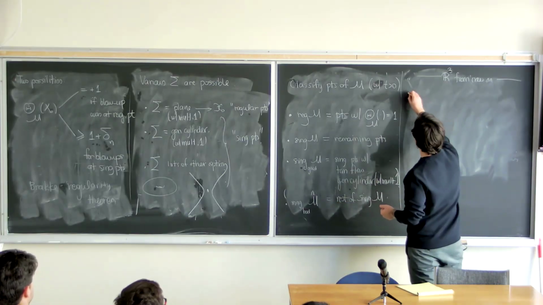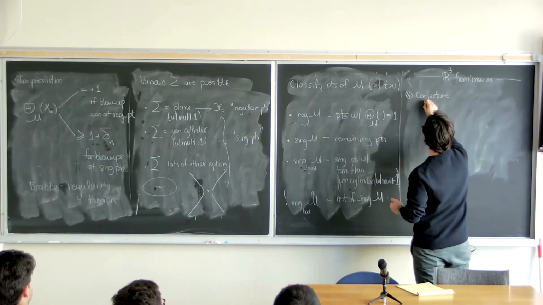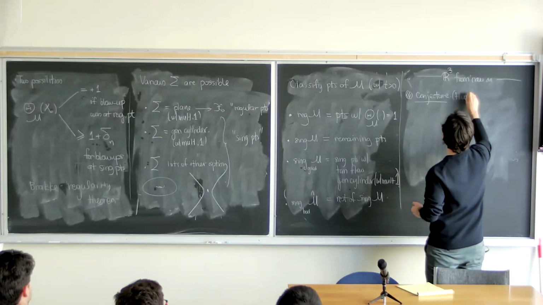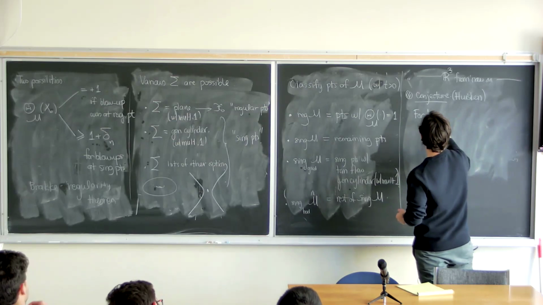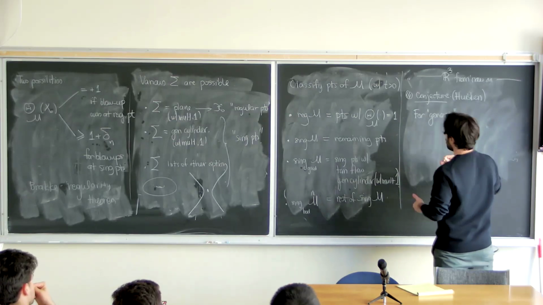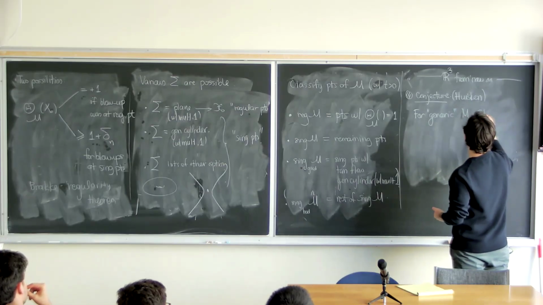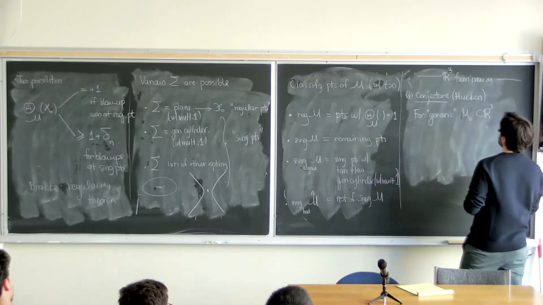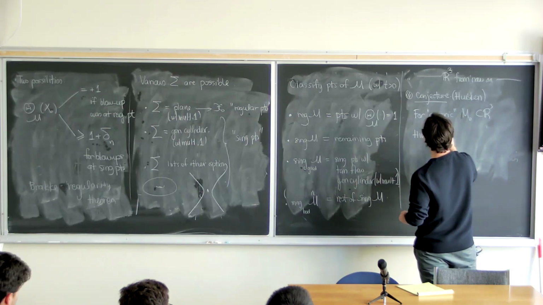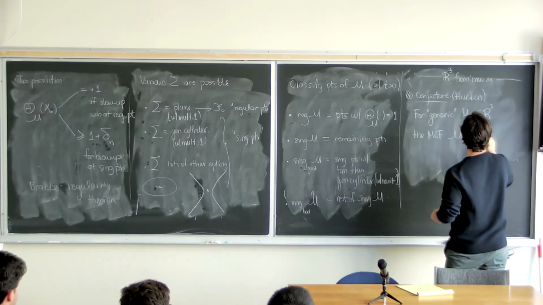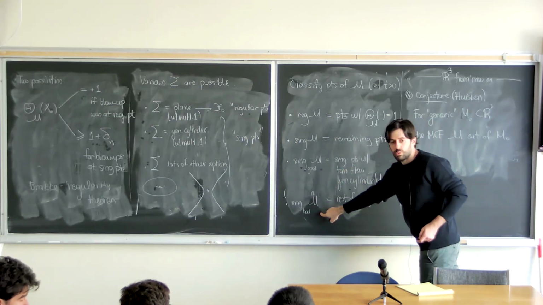Let me state that as a conjecture. For generic initial condition M0 in R3, closed, embedded, and so on, the weak mean curvature flow M out of M0 only has these, aka has this one empty.